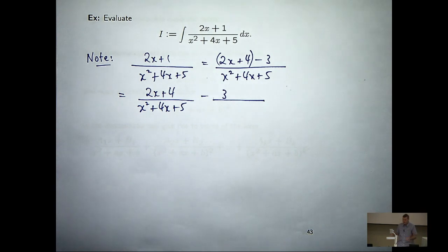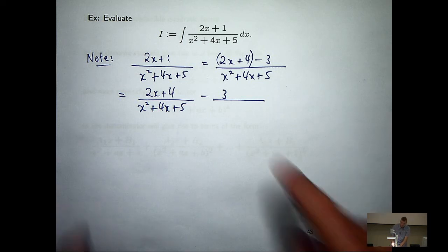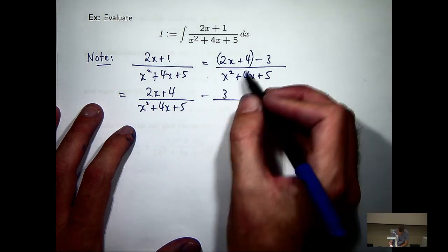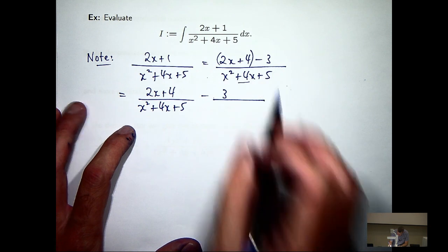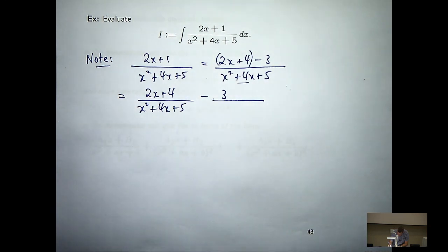Now with the second term, can anyone suggest some sort of method? Complete the square? Yes. So completing the square is going to be important for this second term. To complete the square, you just look at the coefficient of x. That's what it's all about. You halve it, you square it, and you add it and take it away.